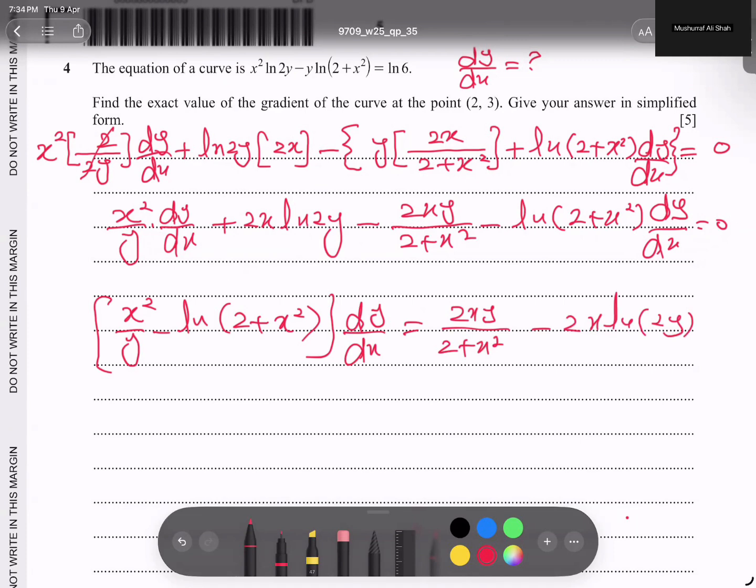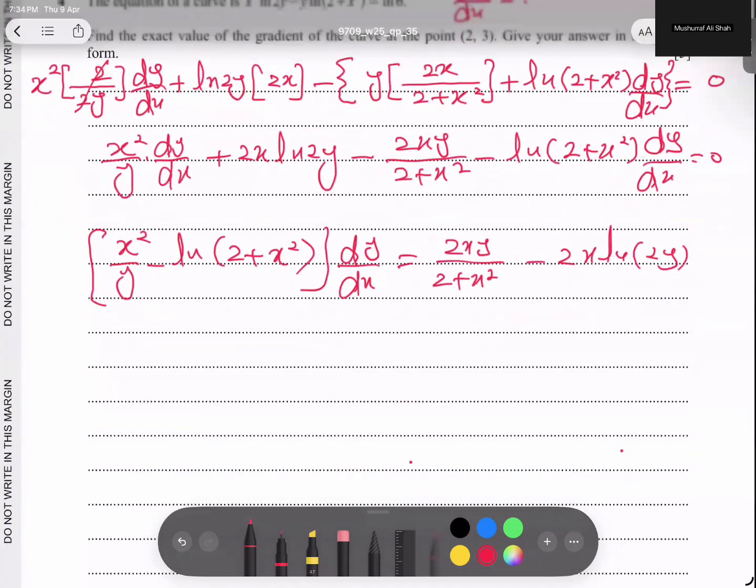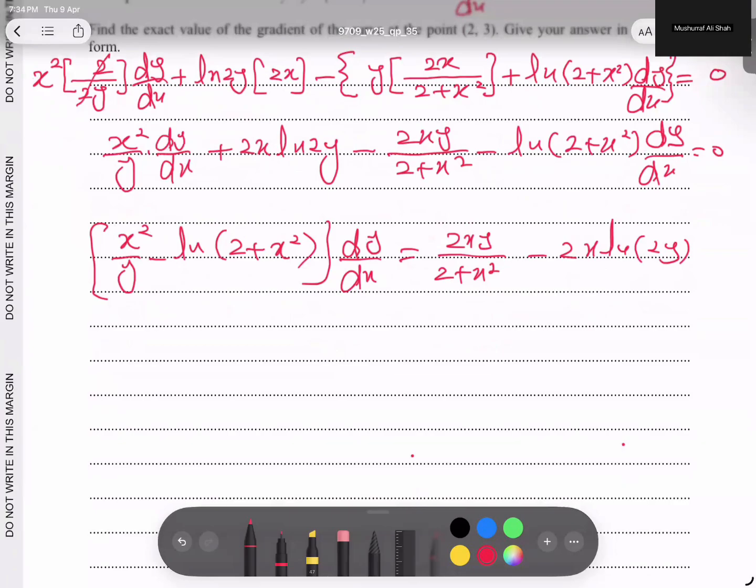Up to here the point is very clear. Further, what to do, students? I have to take the LCM on both sides. One problem is coming with us, and that is a logarithm. Sorry, y LCM. I'm writing x squared and y multiplying before it.